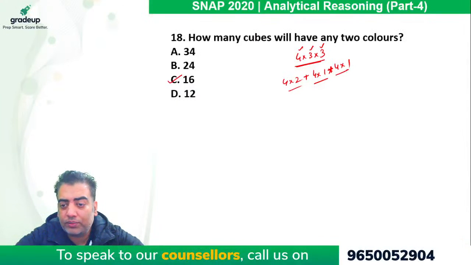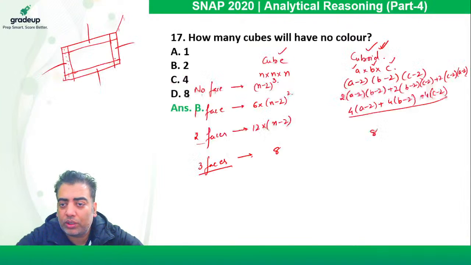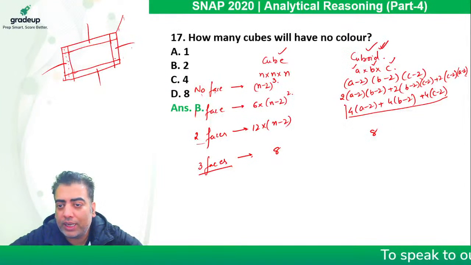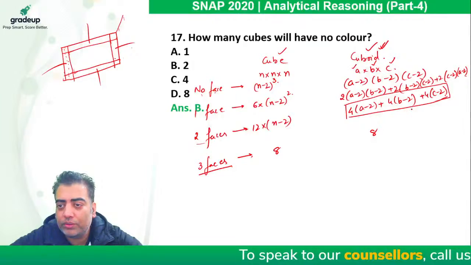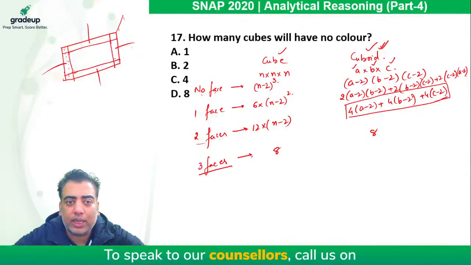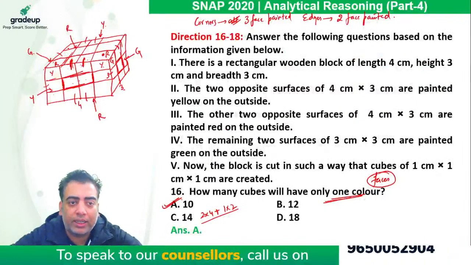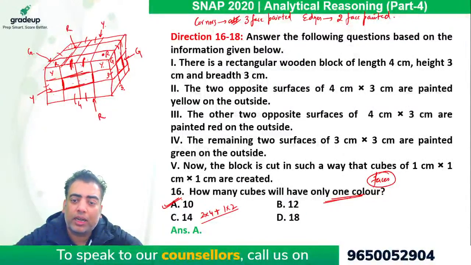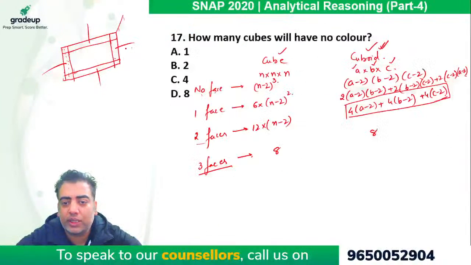Not 12, Atharv, Rahul, pay attention. 8 plus 4 plus 4, there are 4 edges each. That's why I wrote the formula also, that we have to use it, take care, right? In this diagram, there are hidden edges behind, so take care of them also, there should be no mistake.